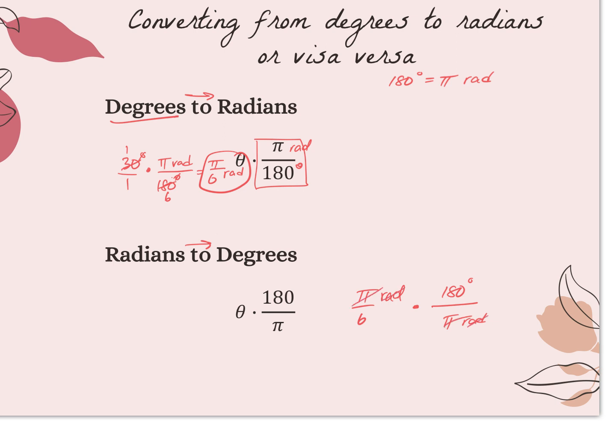The radians cancel, and I'm left with 1, this is 30, and when I multiply across the top and the bottom, I get 30 over 1, or 30 degrees. So whatever I'm given, I'm going to look at it, and then multiply with that degree or that radian in the denominator spot.